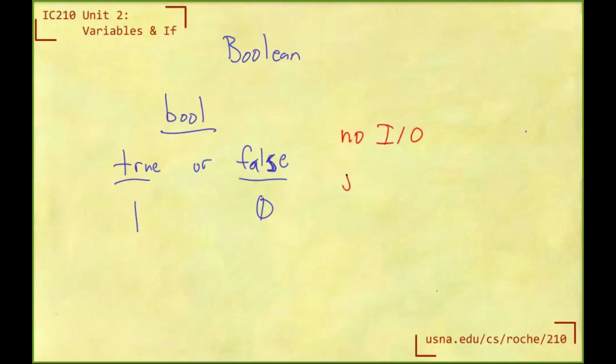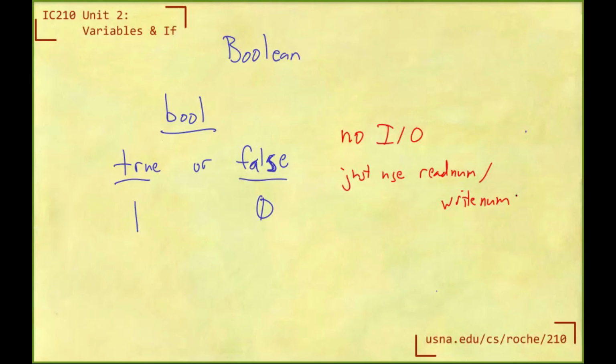We just use read num and write num. So if you want to print out a Boolean value, you would just call write num, and what it's going to print out is either going to be a 1 or a 0, nothing in between. So Booleans are really useful for when we want to make decisions and do things like that.